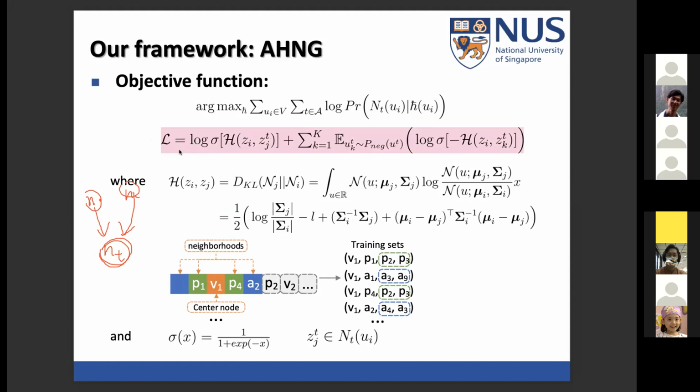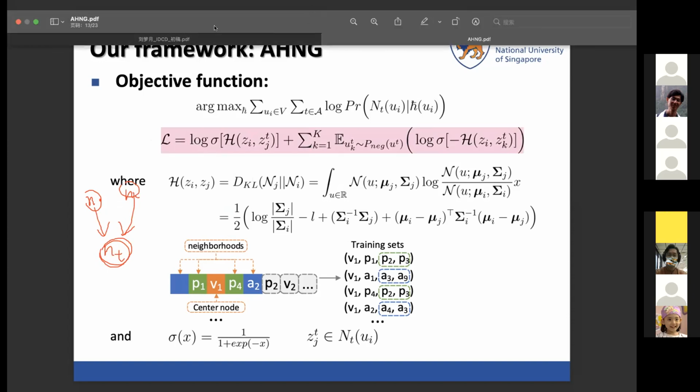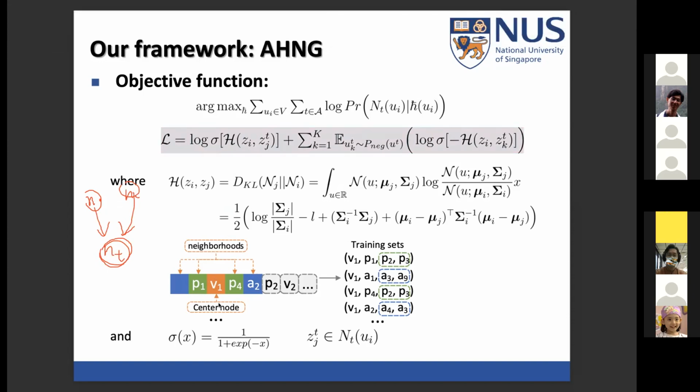Let's see the objective function here. When the center node is VI, the node embedding of VI is ZI. And the next neighbor may be P4, so VG may be the P4 embedding.